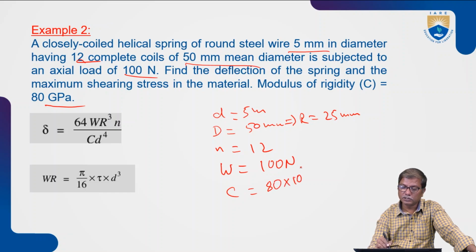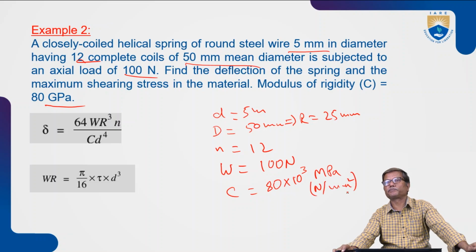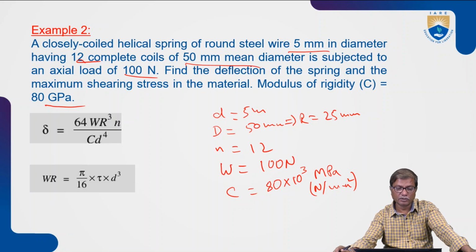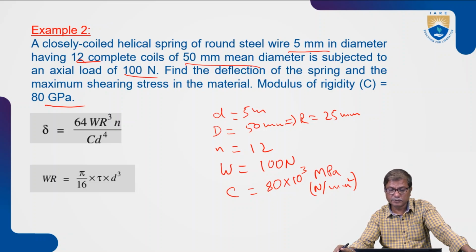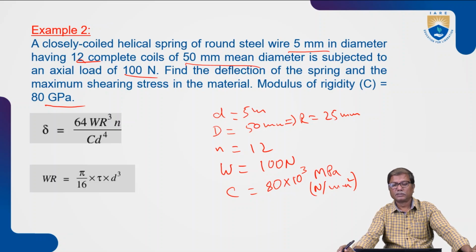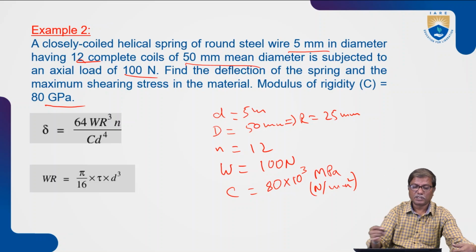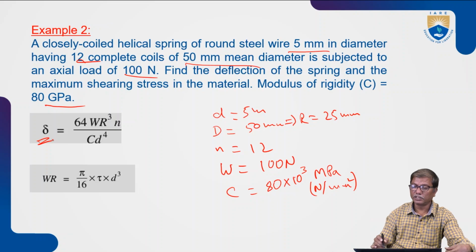So you convert that into megapascals, 80 into 10 cube megapascals or Newton per millimeter square. 1 megapascal is 1 Newton per mm square. So you can now find delta, the deflection, by substituting the values.